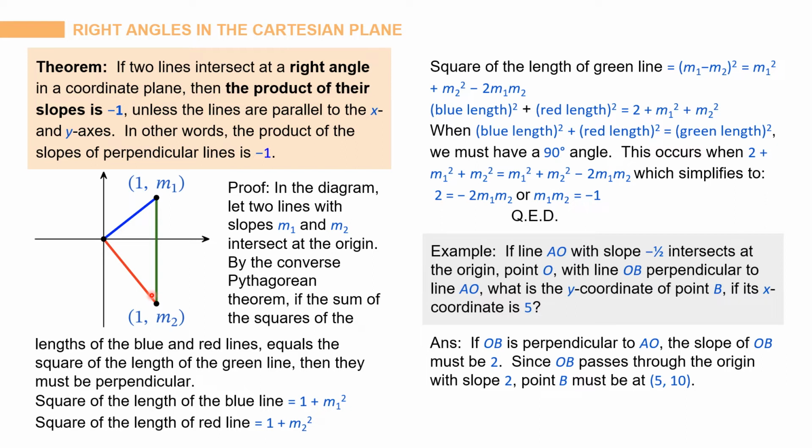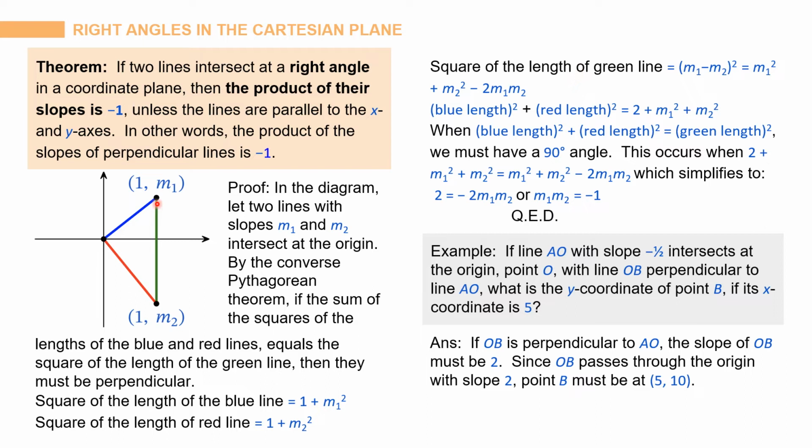You can always take the square of the difference in x and the difference in y, and that gives you the square of the straight-line distance by the Pythagorean theorem. So it's important that you understand this. If you understand how this derivation works, you understand how to calculate distances in the coordinate plane.